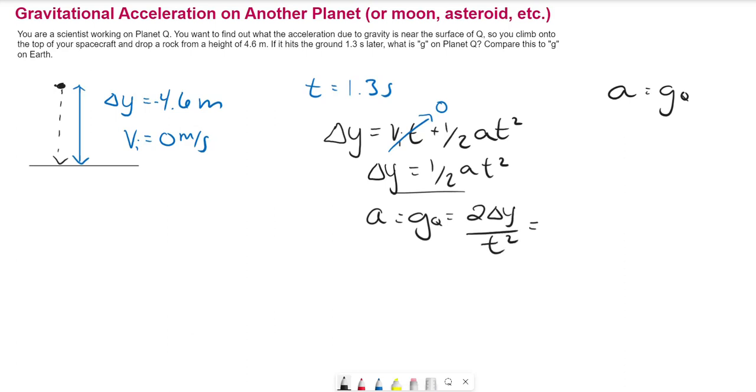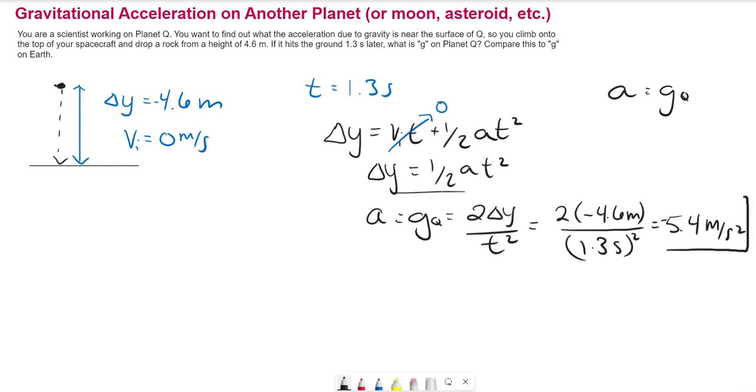And we're plugging in our values, so that's 2 times negative 4.6 meters divided by 1.3 seconds, and that's squared. We have two significant figures in the values that were given, so we will say that this is 5.4 meters per second squared, or negative 5.4 meters per second squared. And this is the acceleration due to gravity on planet Q.